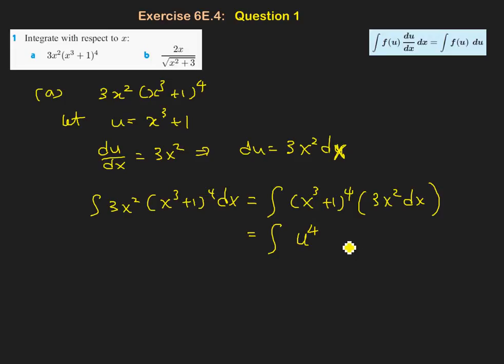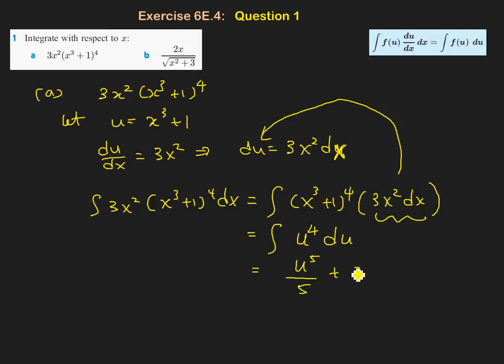This is 3x squared dx, where do we see that? Okay, so this is actually du. Replace this whole thing with du, and suddenly this becomes a very simple problem. u to the power 5, or u to the 5 over 5, plus c.